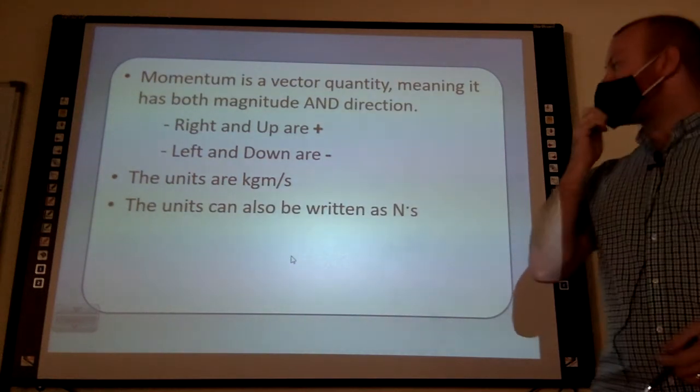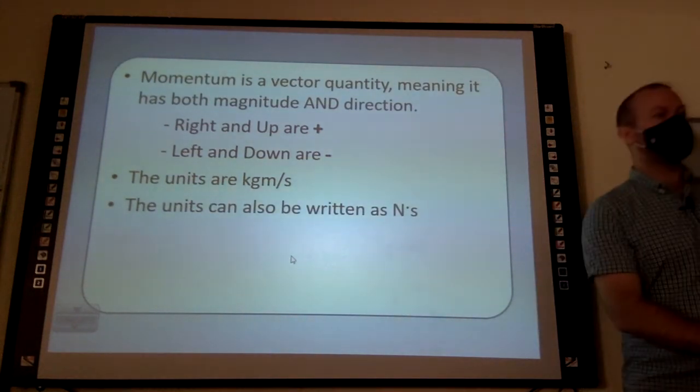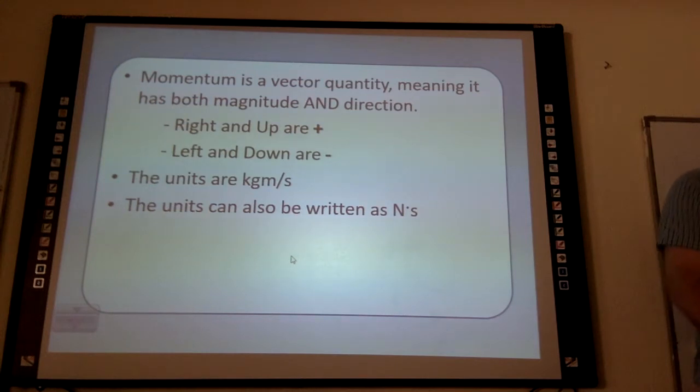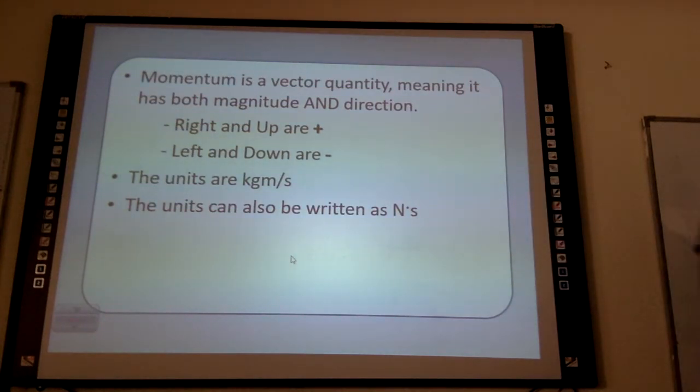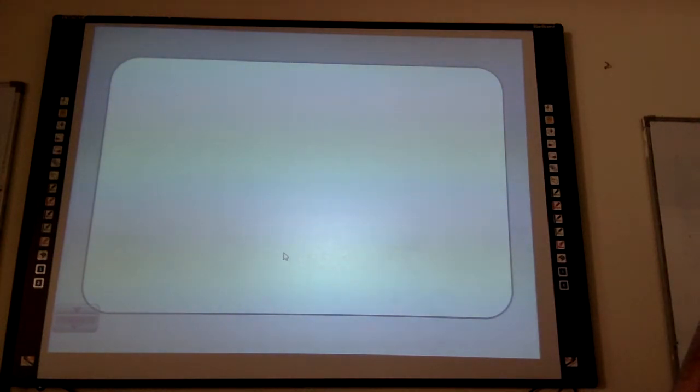We can also write this as Newton seconds, and I'll show you why in a little bit. It doesn't matter which unit you do. Newtons times seconds, Newton seconds. Because there's another equation that's, you might have guessed it, force times time. But just so you have that written down, those are the different units we can use.